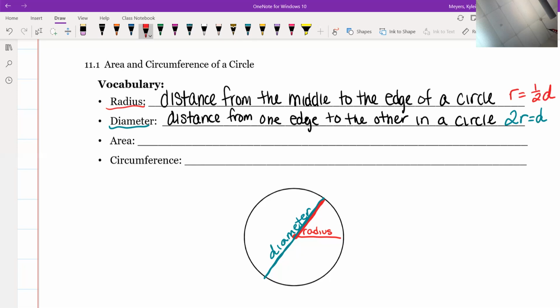Your area, the area of a circle, is the inside of a circle.